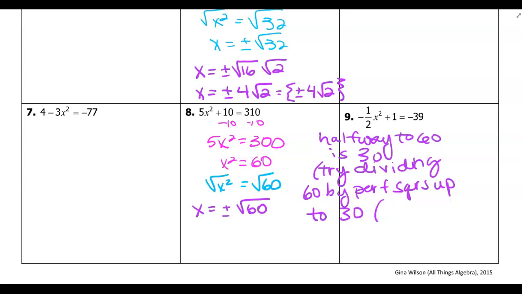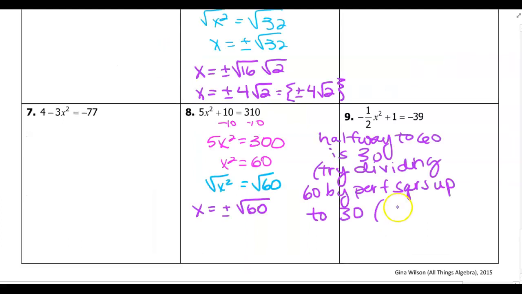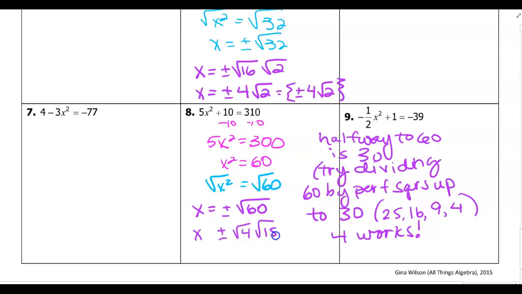I said way too many before. So I just need to try 25, 16, 9, and 4. So you're dividing by 25, 16, 9, and 4. And you'll see that the only one that works, the biggest one that works, is 4. And that's how we know to break this into those two pieces, radical 4, radical 15.